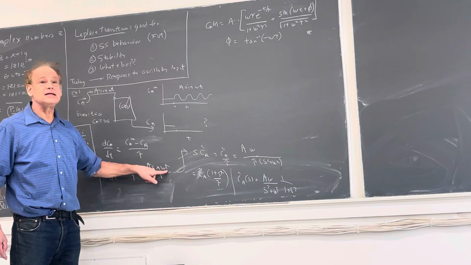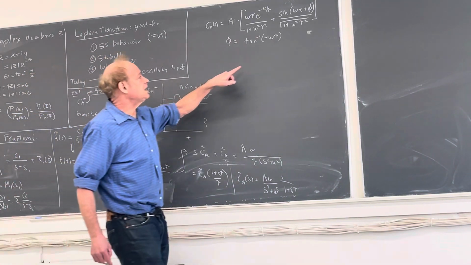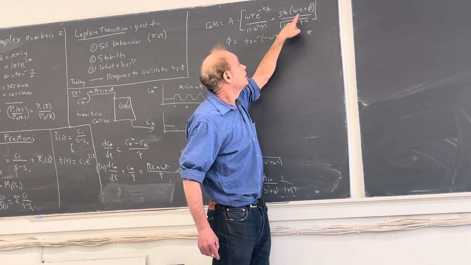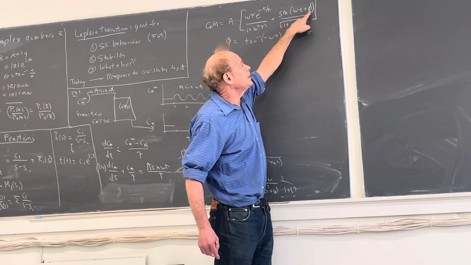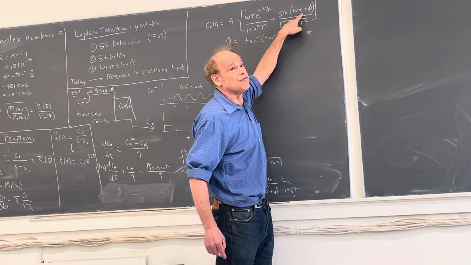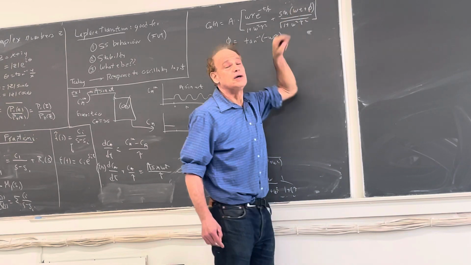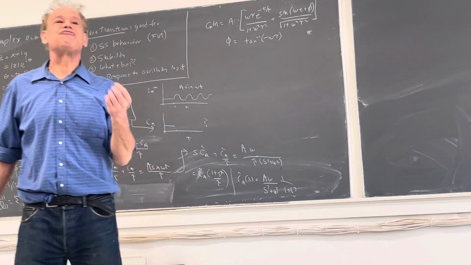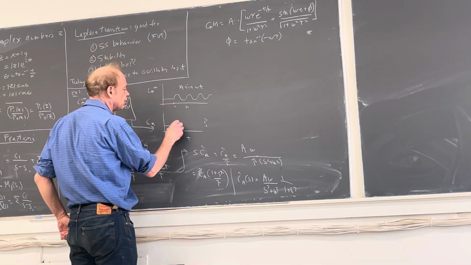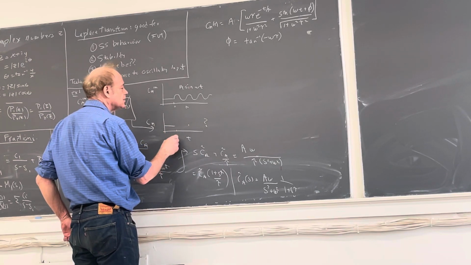Then when omega t was 2, the input was at its peak. To get the peak of the output, I need this thing to also be equal to 2. Well, that means I need omega t to be equal to 12, because I need it to make up for phi plus another 2. So what does that tell me? That says when phi is negative, this peak doesn't occur exactly at the same point, it occurs later on.